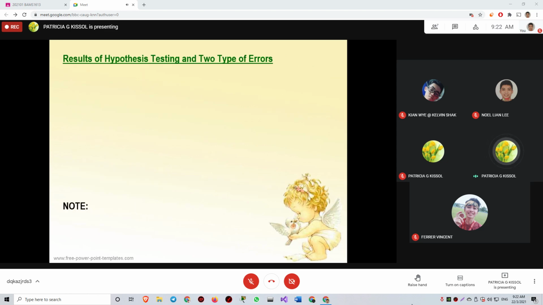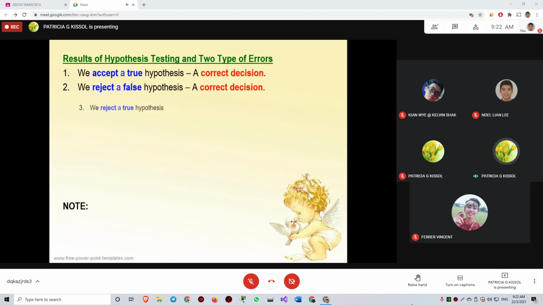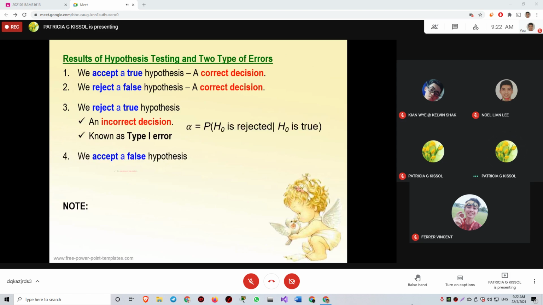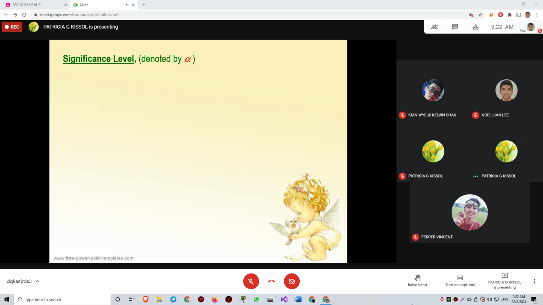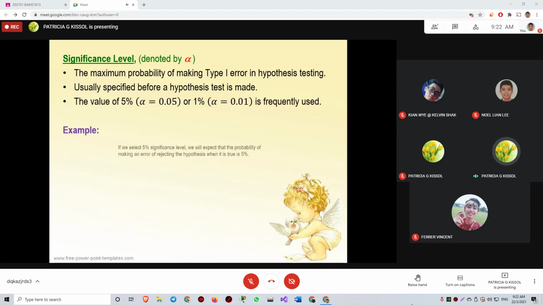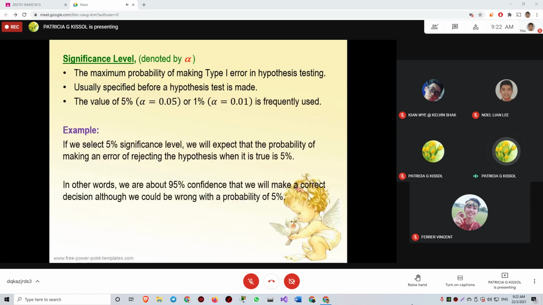Now, the result of hypothesis testing and two types of error. These are the times when we look at the types of error. Significance level, yeah. Normally the value of alpha would be less than 10%.